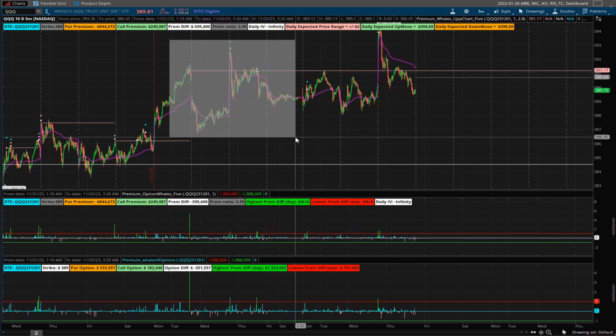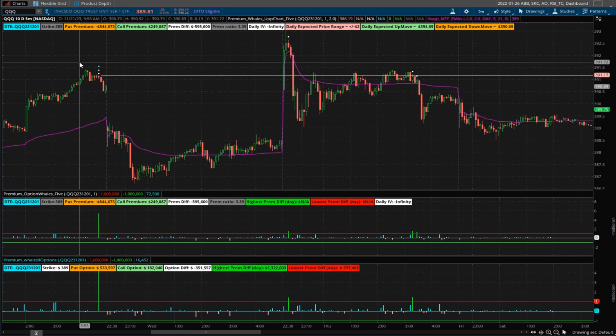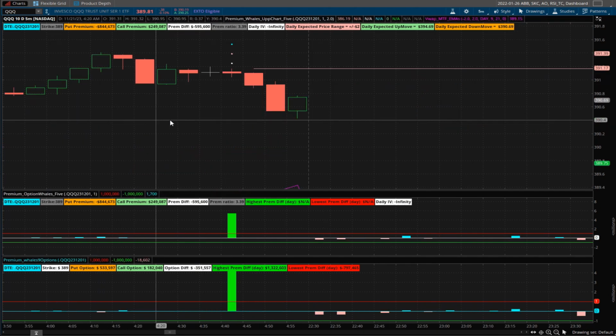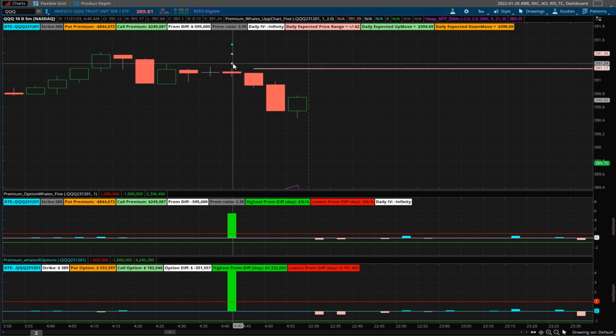Okay, let me explain what these three dots are. The first two dots are when there is an option flow of more than 2 million, either call options or put options.